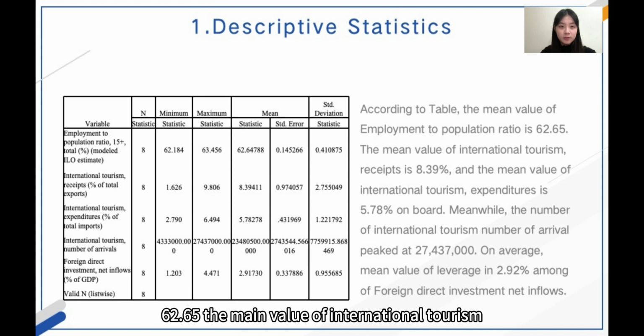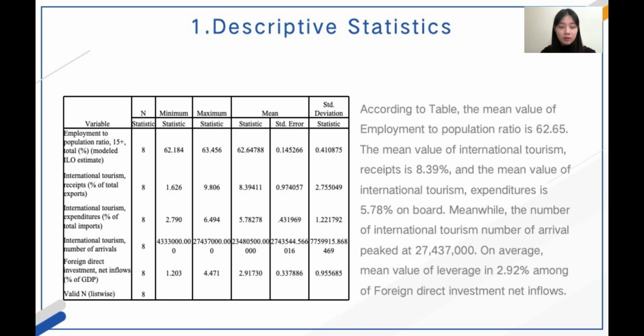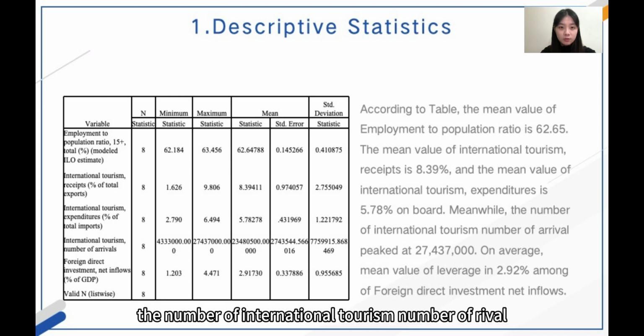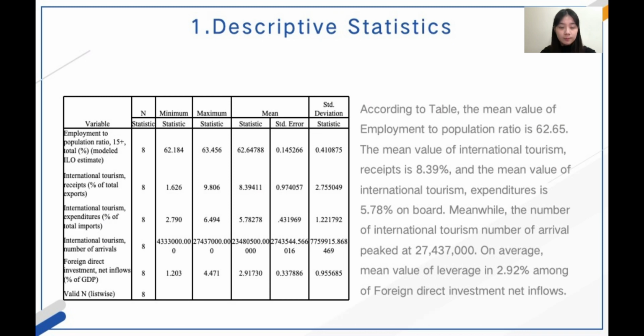The mean value of international tourism receipts is 8.39%, and the mean value of international tourism expenditures is 5.78%. Meanwhile, the number of international tourism arrivals peaked at 27,437,000. On average, the mean value of foreign direct investment net inflows is 2.92%.